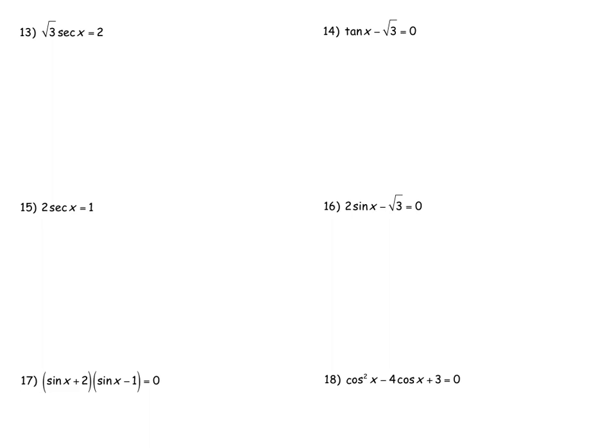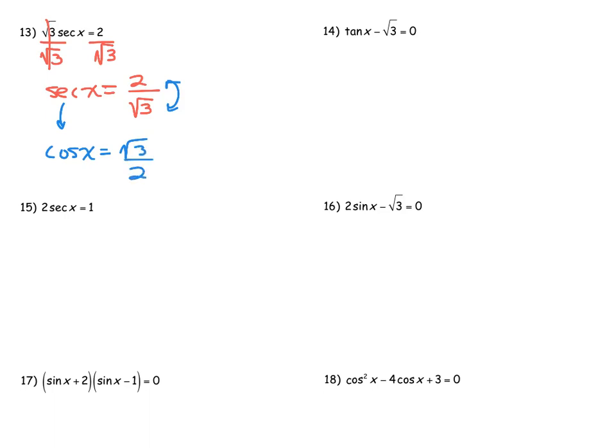So for the first question here, for 13, I'm probably going to want to divide by that rad 3 on both sides. So now I have the secant of x is equal to 2 over rad 3. And I don't like dealing with the reciprocal trig function, so I'm going to change this. The reciprocal trig function for secant is cosine. And remember, we flip the fraction, so it's just rad 3 over 2. So cosine of what gets me rad 3 over 2?